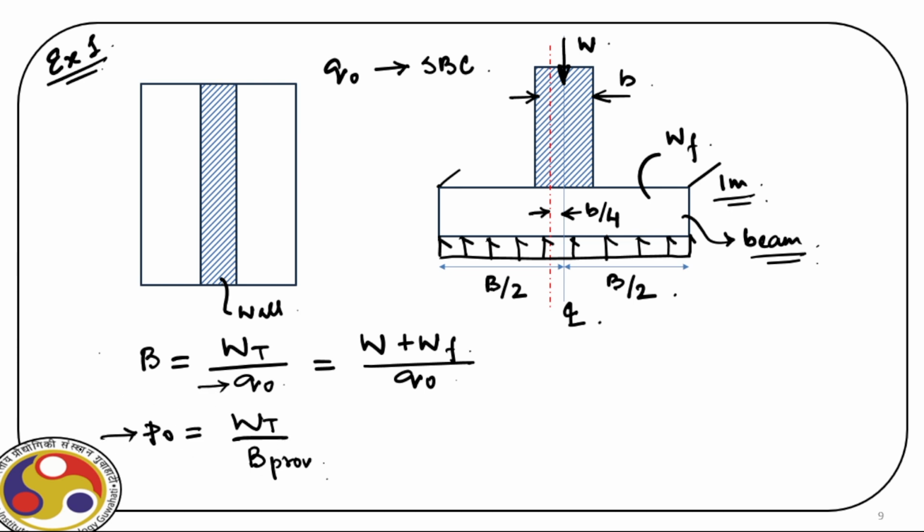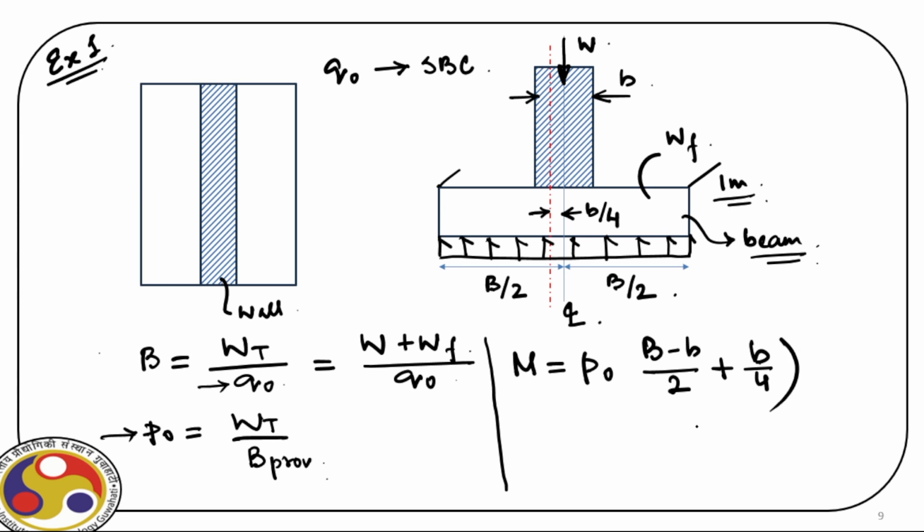Okay. Now once we quantify the pressure developed, we have already identified the critical section. So the bending moment M acting at that particular section is P0 times (B minus b by 2 plus b by 4) whole square, times half.